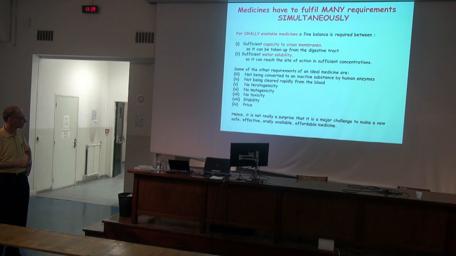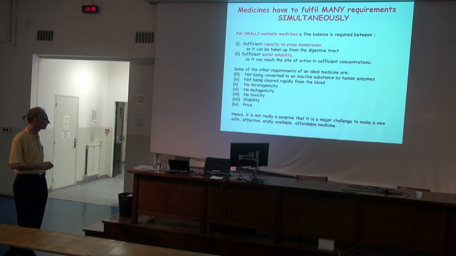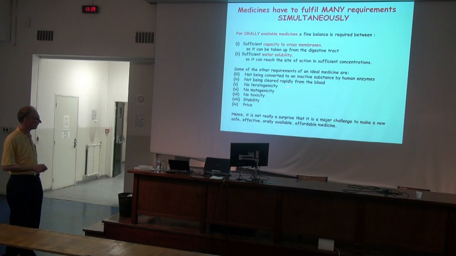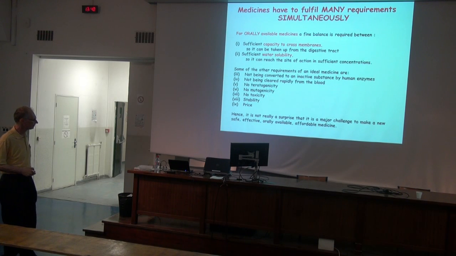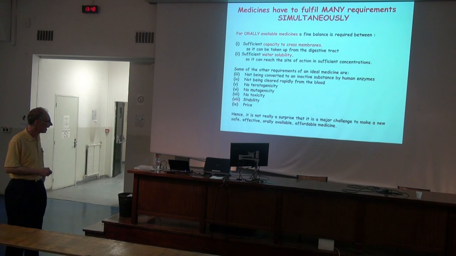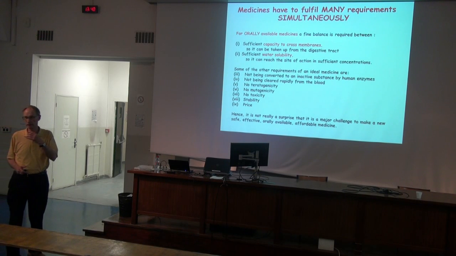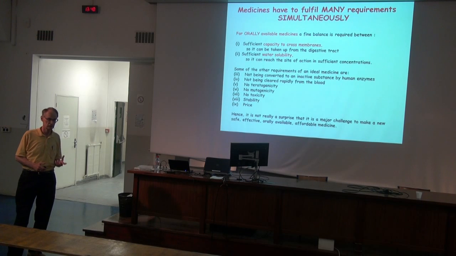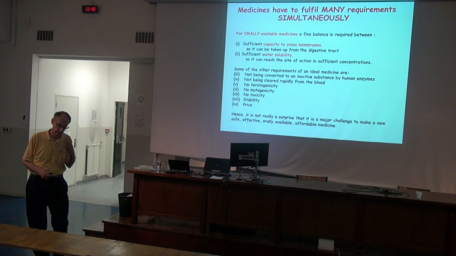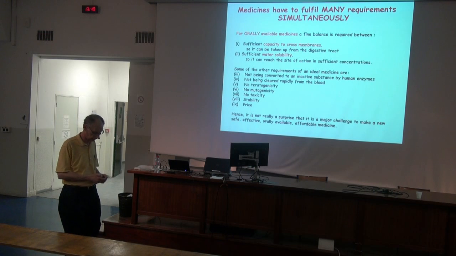It should not cause bad effects on the unborn child. It should not have effects on the DNA. Of course, the toxicity should be very limited. And if you talk about tropical diseases, it has preferably to be stable at high temperatures, and it should have an ultra-low price. So drug design for low-income countries is even more difficult than it already is for high-income countries.